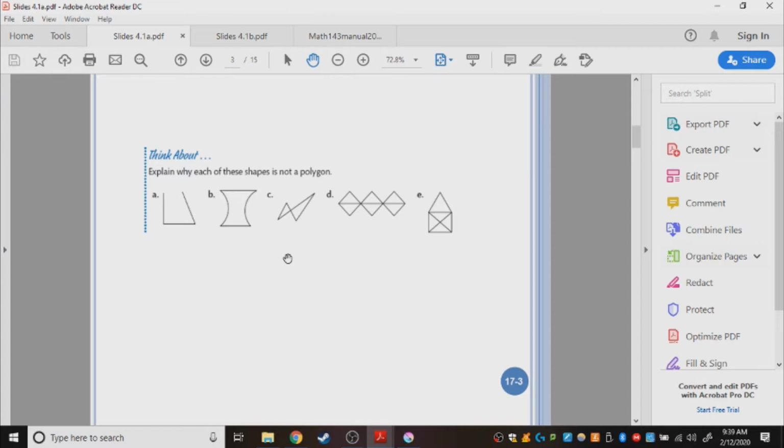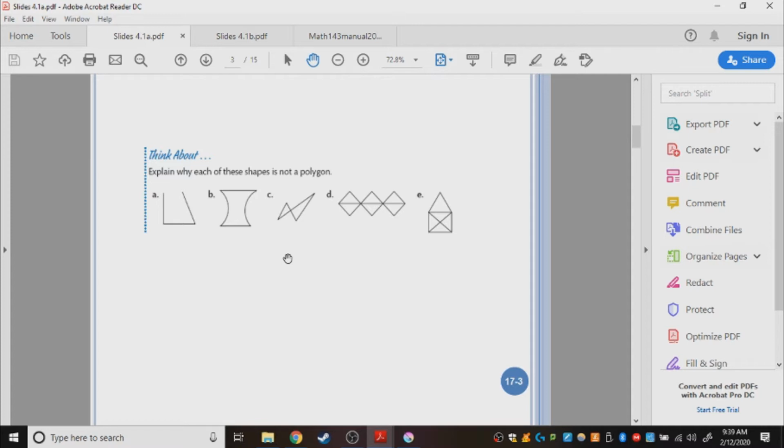But first, let's make sure what is a polygon and what is not a polygon. A polygon has to be a closed shape made of straight line segments. So the first one is not a polygon, it's not closed. B is not a polygon. Not all the line segments are straight. I also can't cross line segments, so C is not a polygon either. Those two middle ones cross each other. For the same reason, D isn't either.